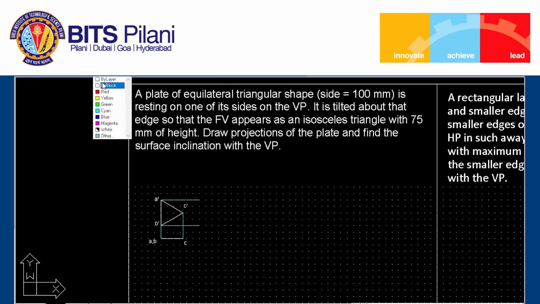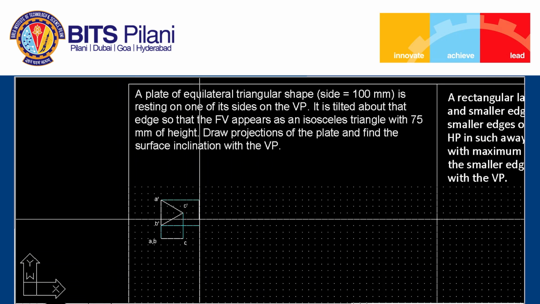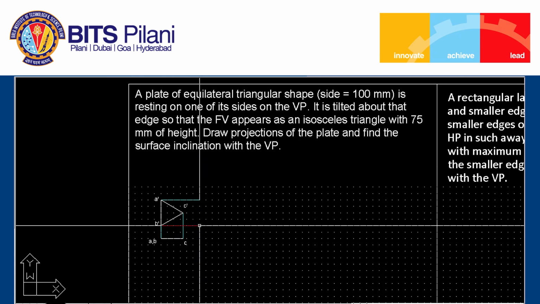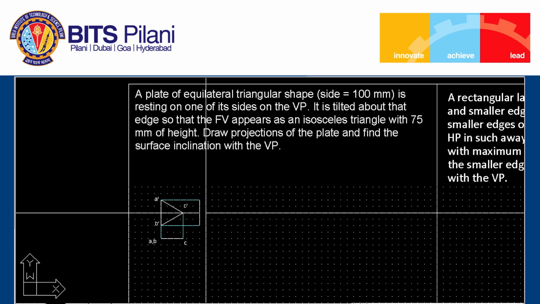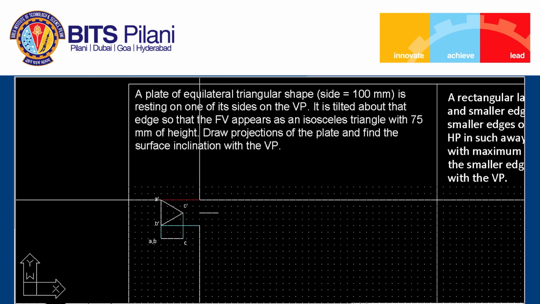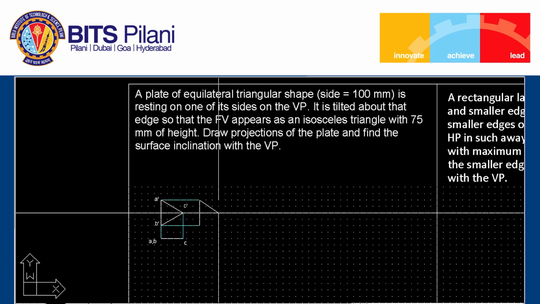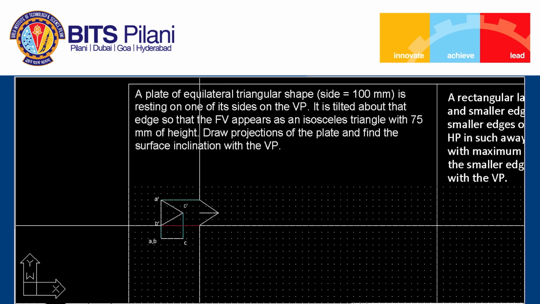So I can obtain the length AB, about which the plate is coming in front of VP, and it appears as an isosceles triangle with height equal to 75 millimeters. So this is the height. So we can join the lines like this.